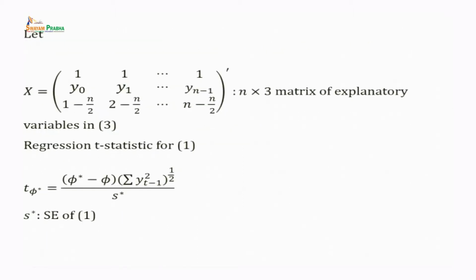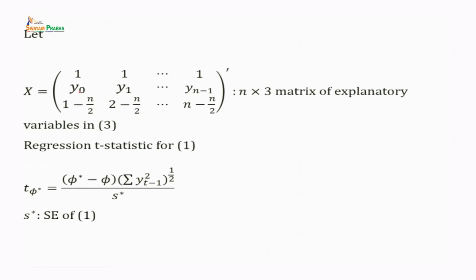Now, first we consider equation 3, the model which has both drift term as well as the linear trend. Then we write X equal to the following; in fact, this is X transpose here. The first row of X transpose has 1 at all places.